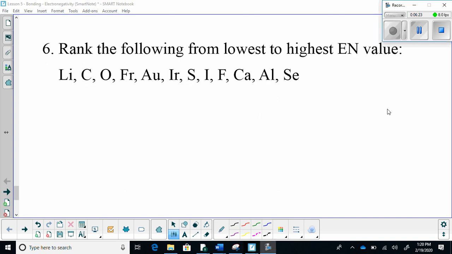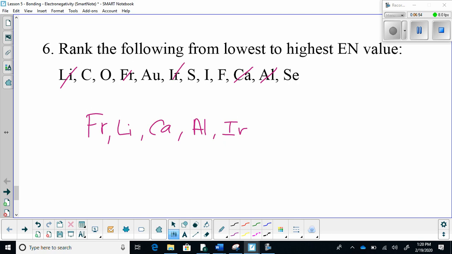For the following, rank them from lowest electronegativity to the highest. I think francium is first, lithium, calcium, aluminum, gold, iridium. What's next?